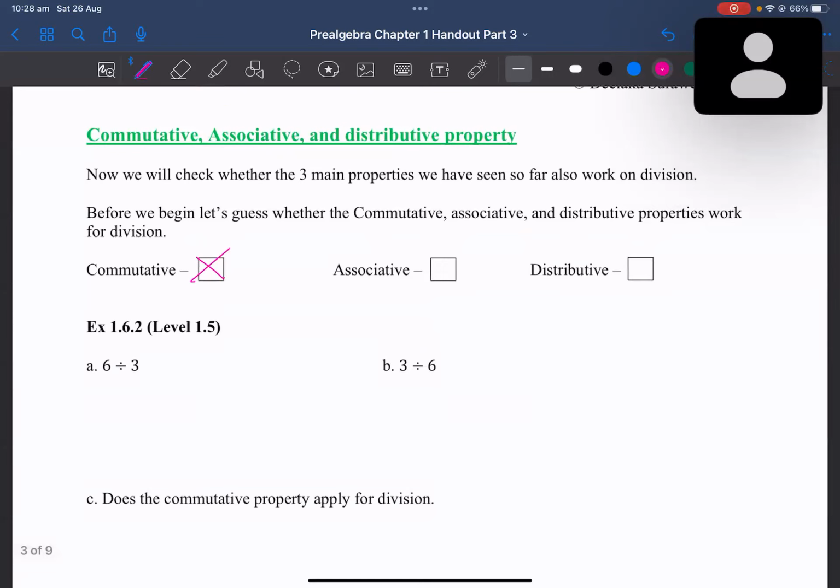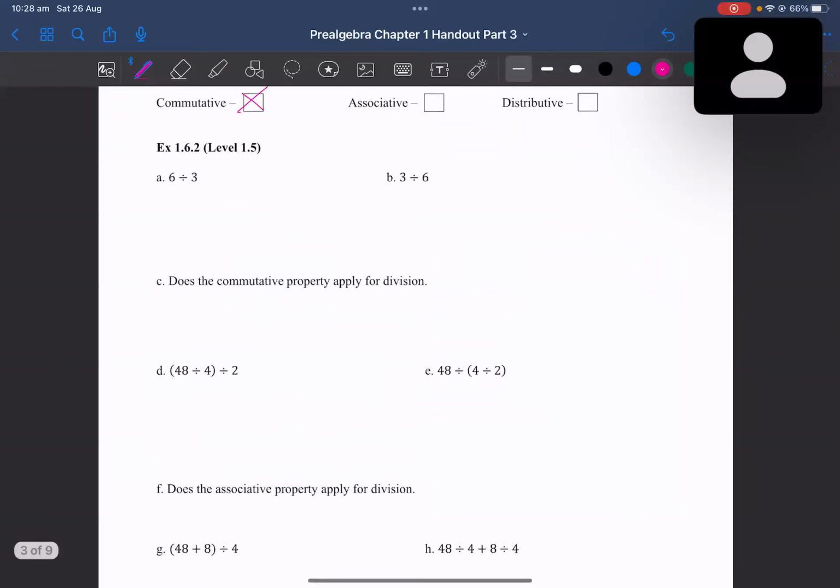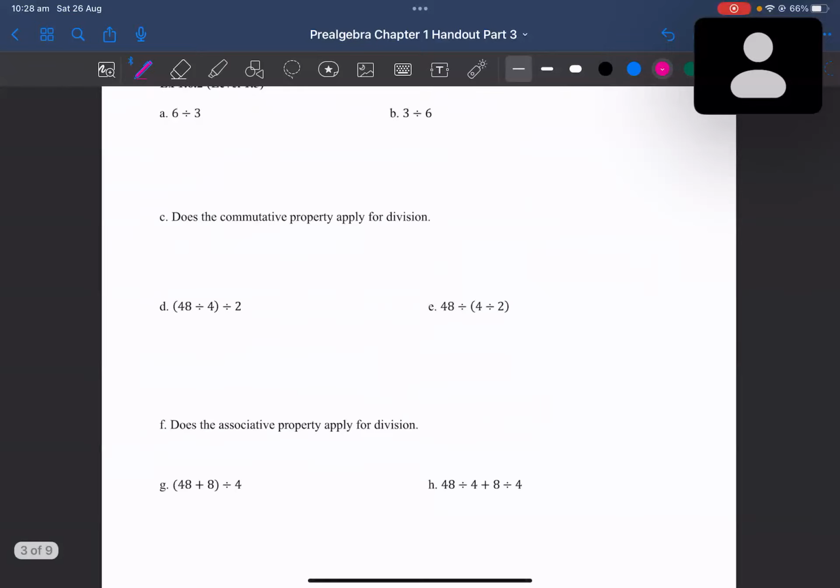And distributive means we have numbers being added or subtracted inside brackets, and you can do the division for each of the numbers separately as well. I think G and H would be the same. We'll check that later, but if it is true, it's probably distributive.